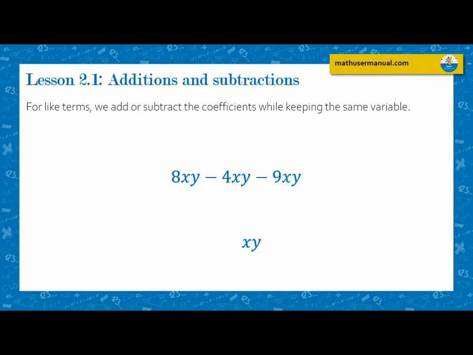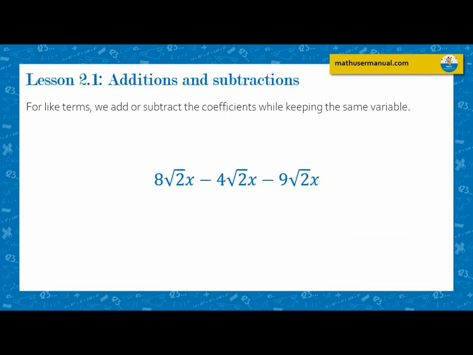We copy and merge the variables, the x and the y, and we combine the coefficients, which is 8 minus 4 minus 9, and this is equal to negative 5. So to simplify this expression of 8xy minus 4xy minus 9xy, we can simply turn it into negative 5xy.